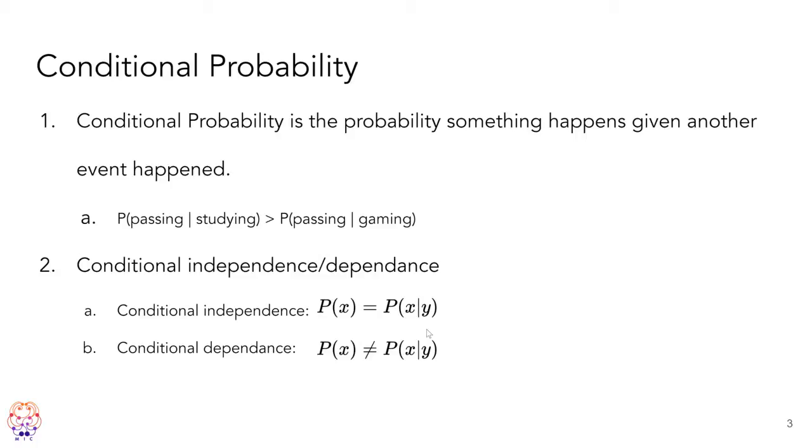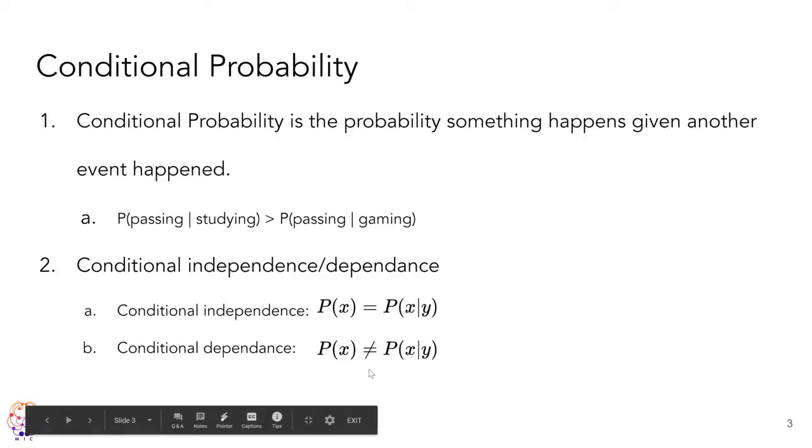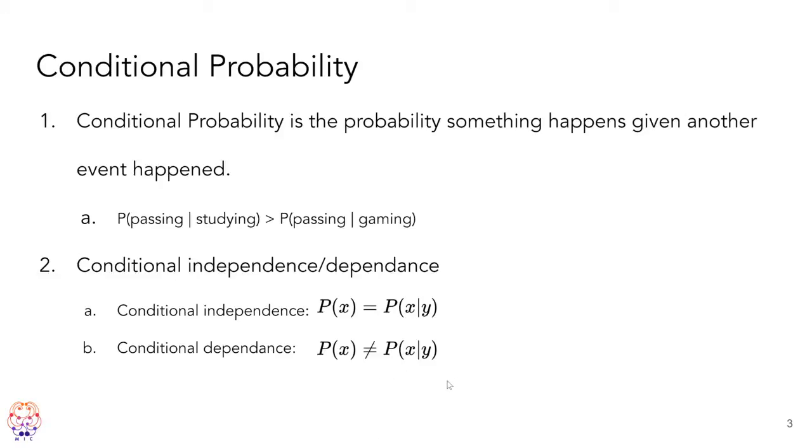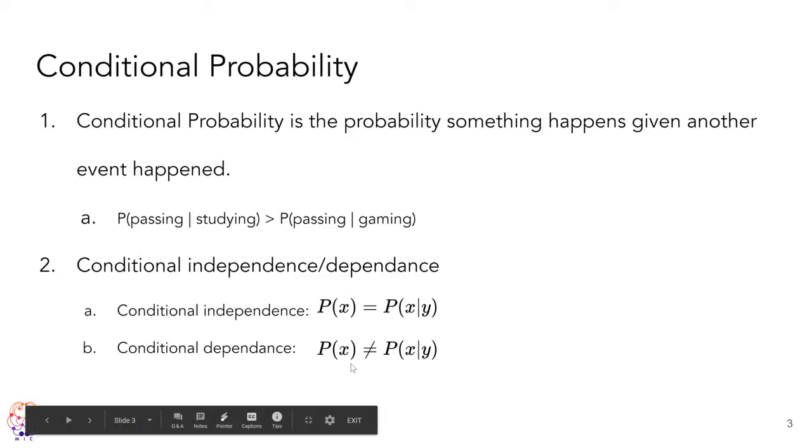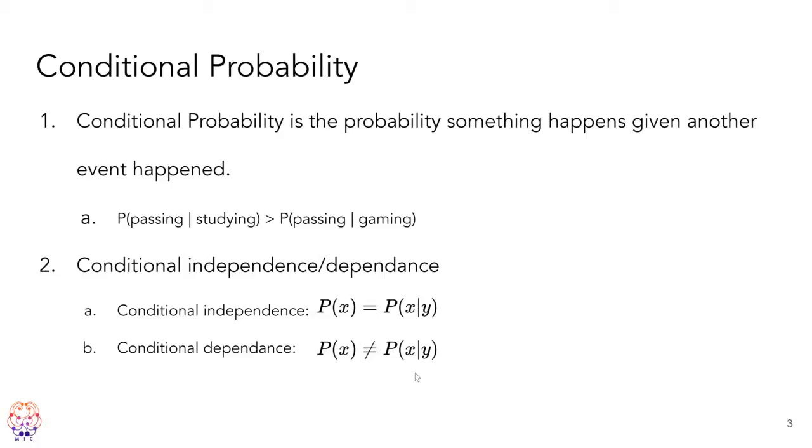So x will always happen with some sort of probability. And dependence is just the opposite, where it's actually different. Instead, this probability could be changed by something else happening, some other variable y.